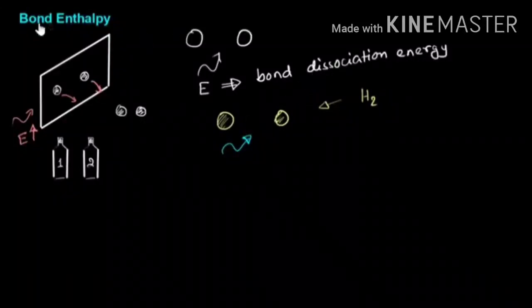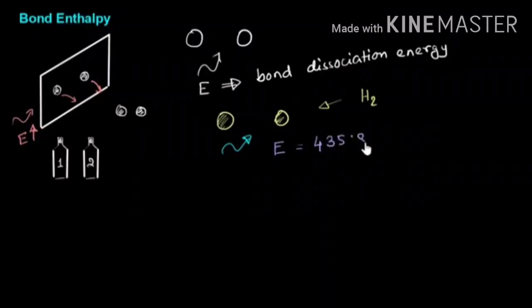Let us take the simplest example of a diatomic molecule. In a diatomic molecule, only a single bond is present. So, the energy is supplied to dissociate one bond.